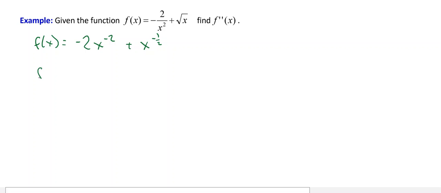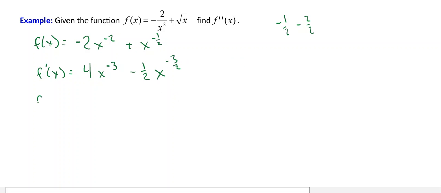Now the first derivative, applying our rules, will be negative 2 times negative 2 is 4x to the negative 3. And then we're going to have a minus 1/2 x to the minus 1/2 minus 1, or 2/2, is minus 3/2 power.